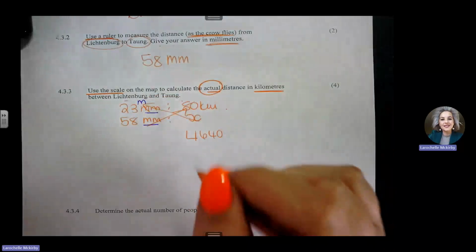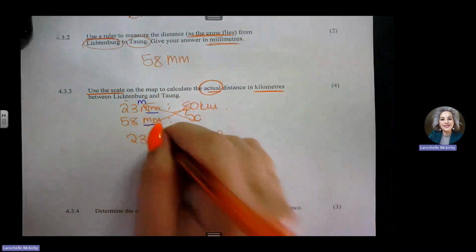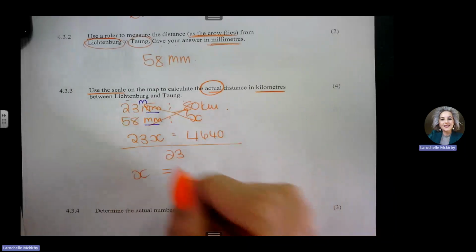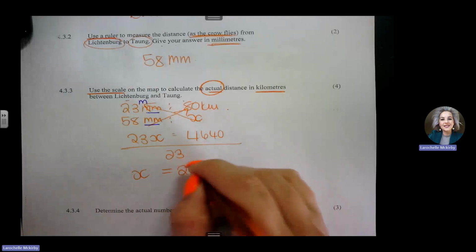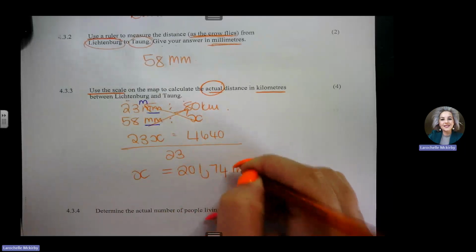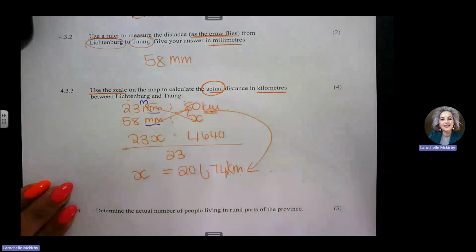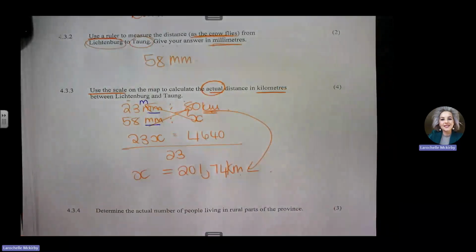X multiplied by 23 is 23x. I divide by 23 on both sides. X remains. And this side 201.74 kilometers, because this gives me the answer that my distance is in kilometers. So there we have done a very nice example of using a bar scale with a calculation.